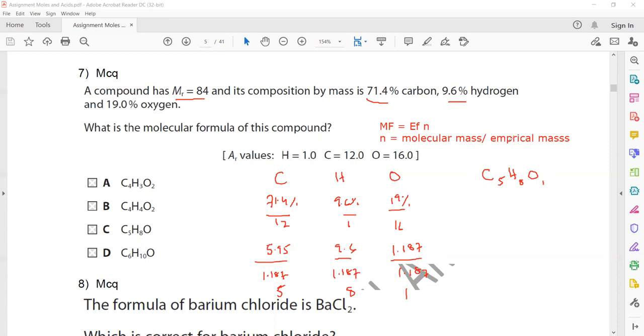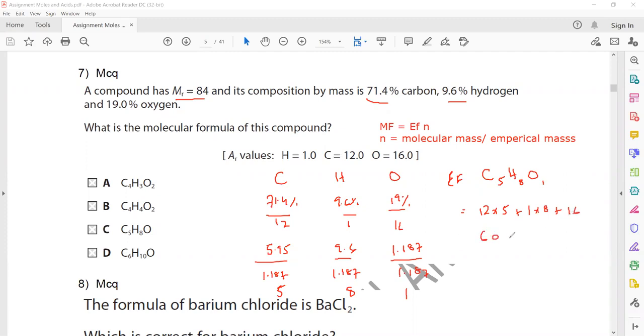Then to get the empirical mass, from the empirical formula we'll find empirical mass. So carbon is 12 multiplied by 5, plus hydrogen is 1 multiplied by 8, plus oxygen is 16.